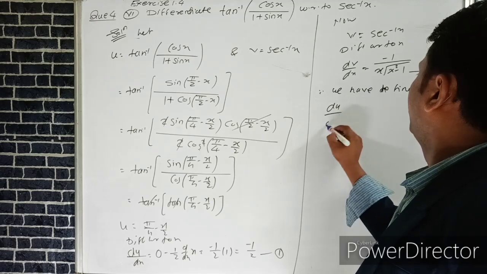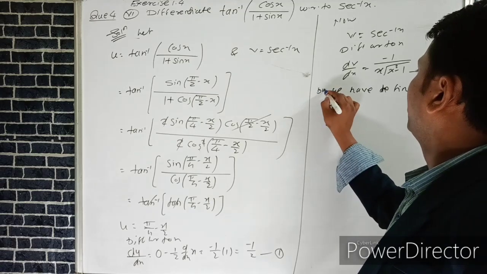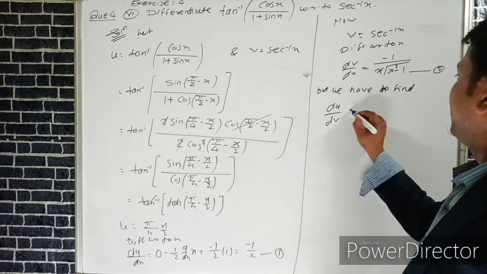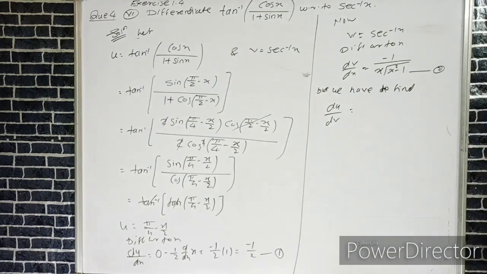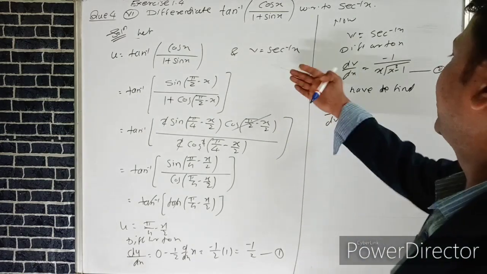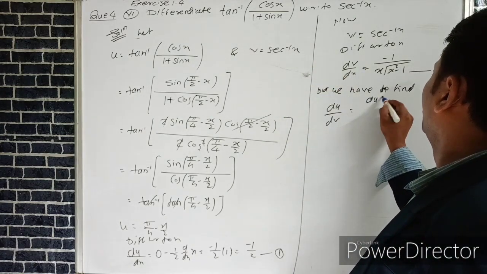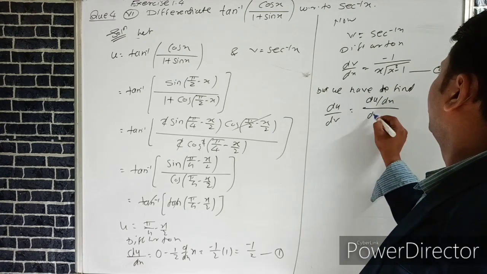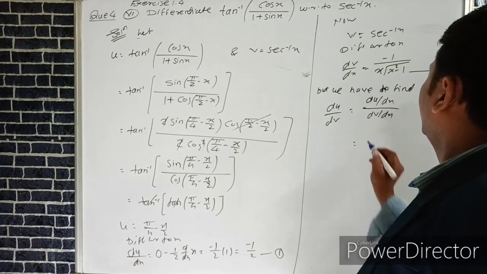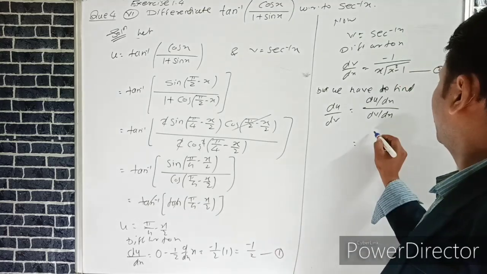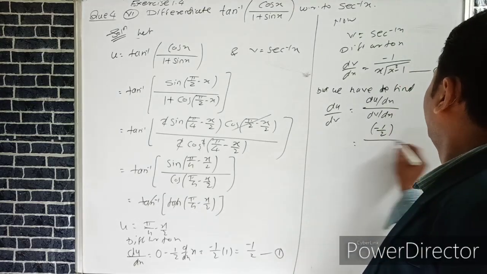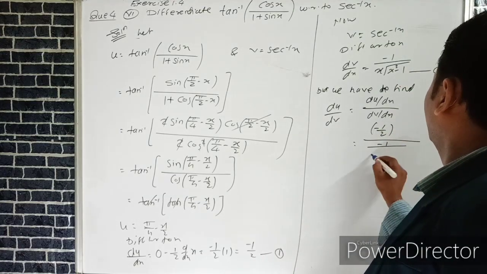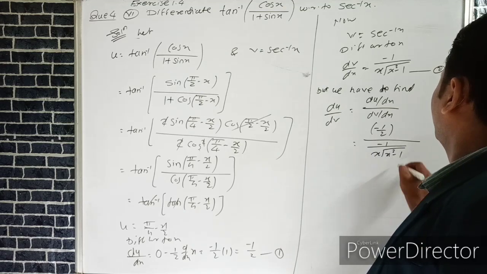Therefore, we have to find du upon dv. By the definition of parametric function, we can write du upon dv means du by dx upon dv by dx. Here du by dx is minus 1 by 2 and dv upon dx is minus 1 upon x under root of x square minus 1.